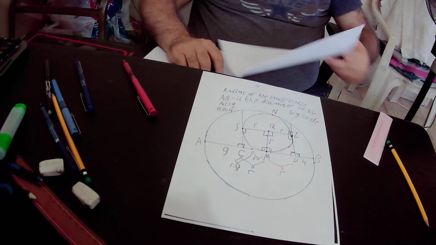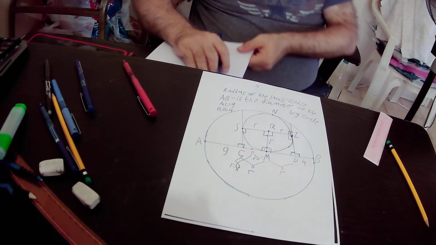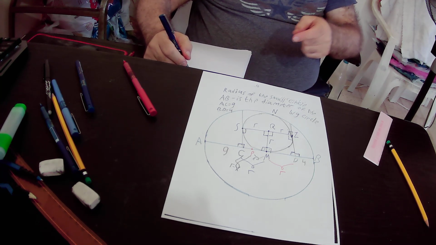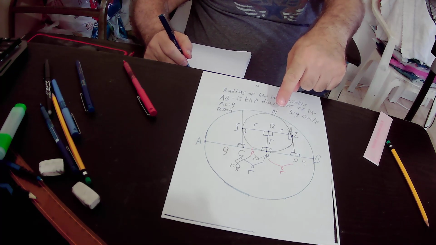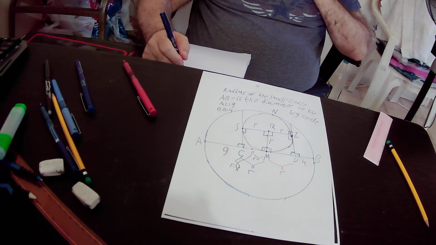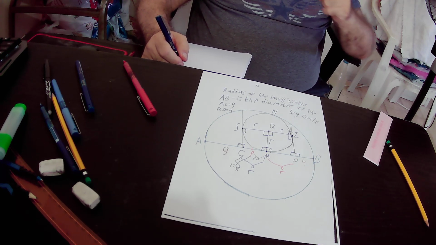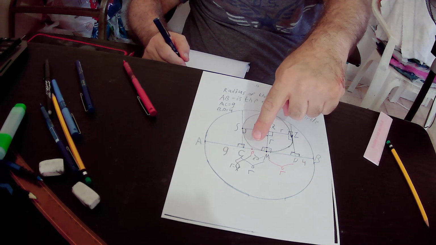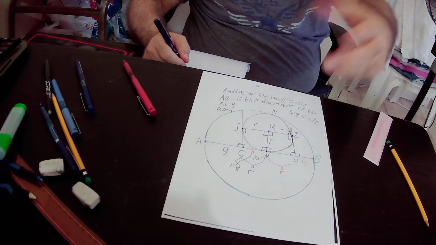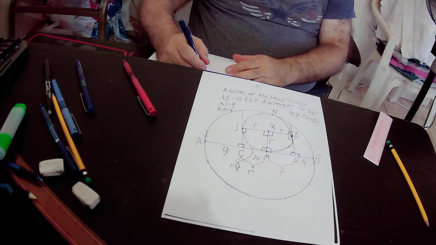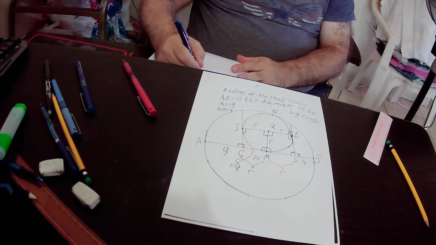Okay, so actually here we have two circles with internal touch between them at point N. They touch each other internally at point N. Therefore, according to rule number 5, for the distance between their centers, the center of the small circle is at point Q, and the center of the big circle is at point P. So the distance between the centers is exactly PQ. Okay, PQ, QP is the same.